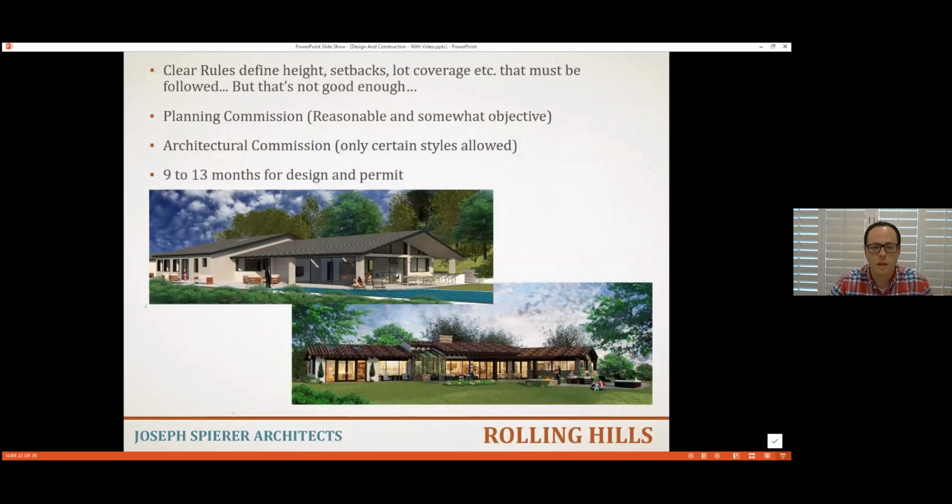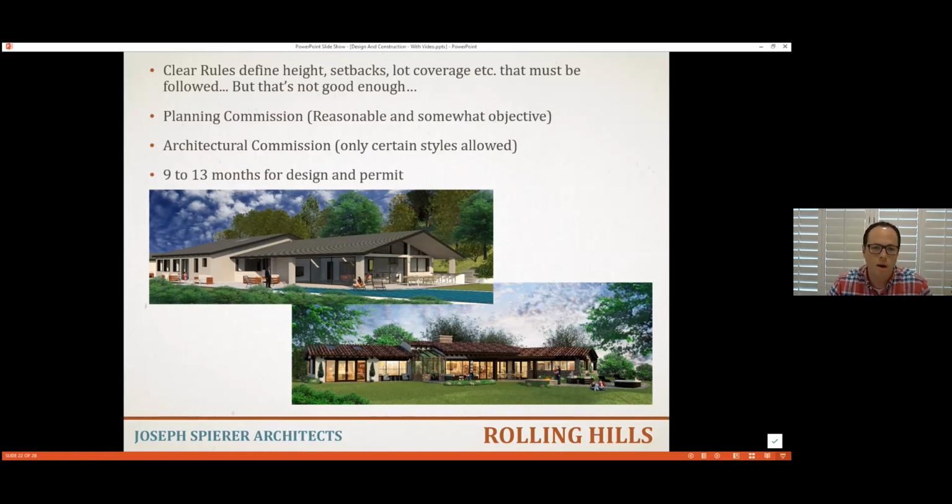Then you have Rolling Hills, which is kind of, it's not too bad to get a permit in Rolling Hills, as long as, again, you follow the rules. The rules are a bit more strict, right? In Rolling Hills, you can only do a 1-story white ranch home. There are 3 types of ranch styles that you can do back there, but it still has to be a ranch style home.